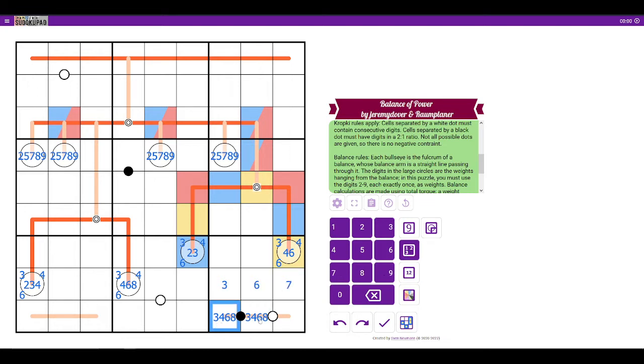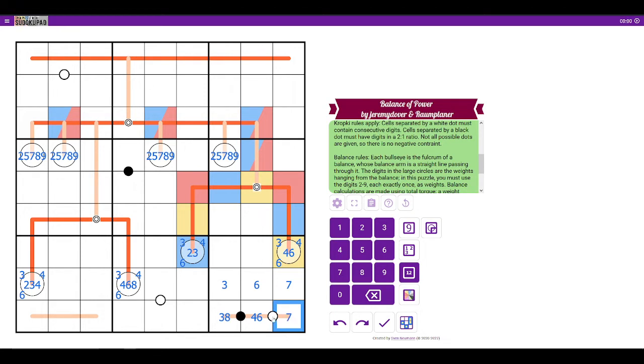Could we have 4-8? We can't have 4-8 that way. Could we have 6-3? 6-3-4. No, we can't. So this can't be a 6. This can't be a 3. But this could be 8-4, because then that could be a 3.